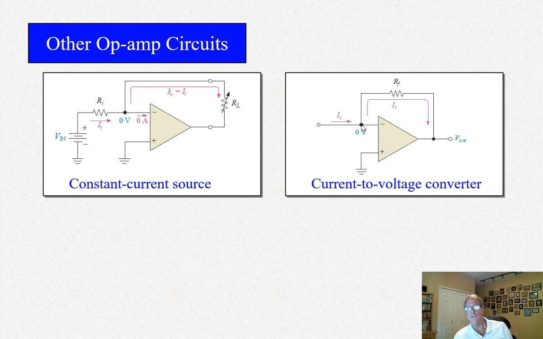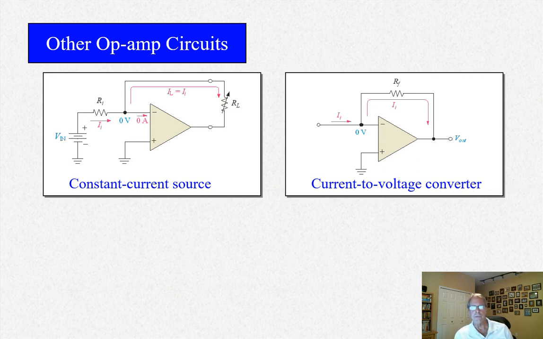So all of that current goes through RF and produces a voltage in accordance to Ohm's law, the IR drop. So whatever current is going through that resistor, RF, is going to produce V out. So it's a current to voltage converter.